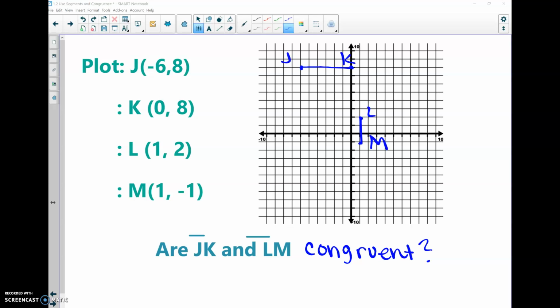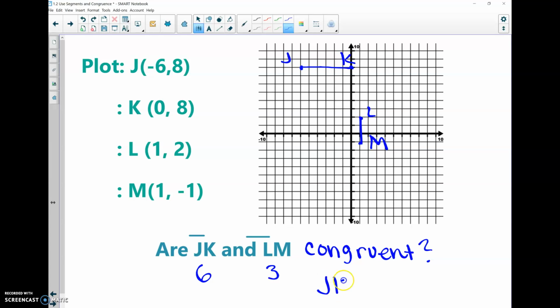Alright, this is what the coordinates of J, K, L, and M are, and then I drew in the line segments. So JK has a distance of 6, 1, 2, 3, 4, 5, 6, and LM has a length of 3. So they are not congruent.